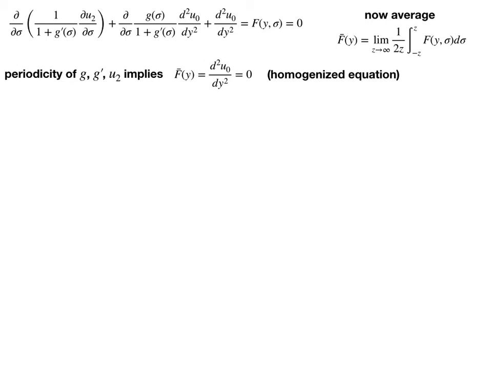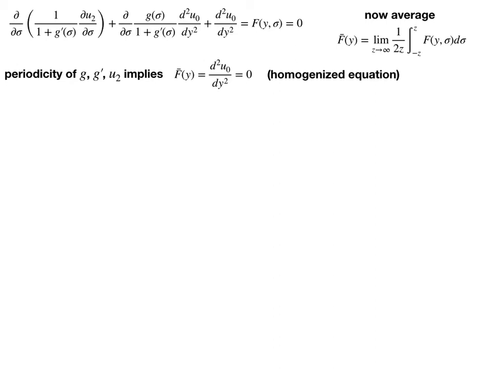And the only thing that is not going to be periodic, when we average over all space, is going to be the d2u0 dy part. So this is now our homogenized equation.